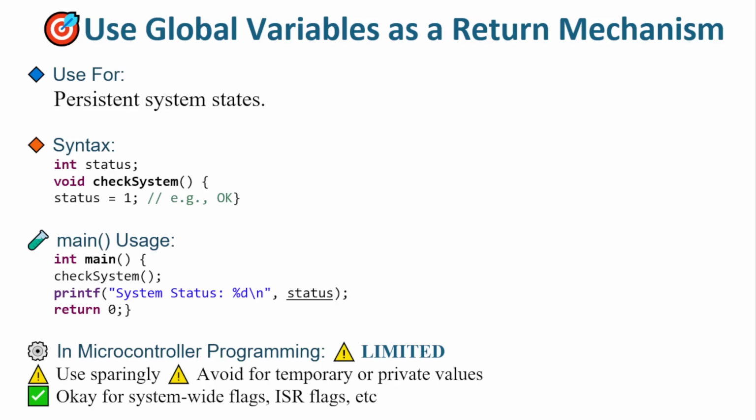You can see the syntax and main usage. In microcontroller programming, use sparingly, avoid for temporary or private values. Okay for system-wide flags, ISR flags, etc.